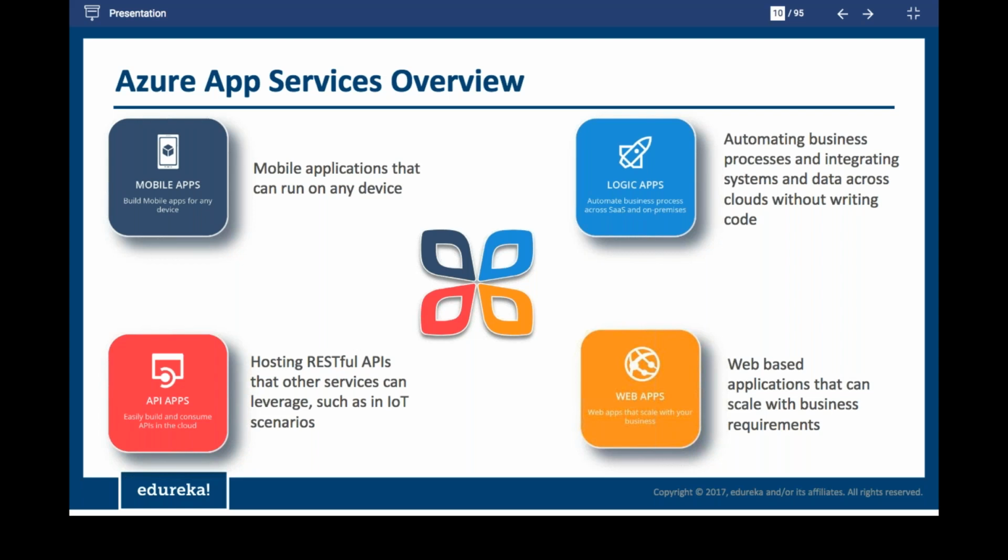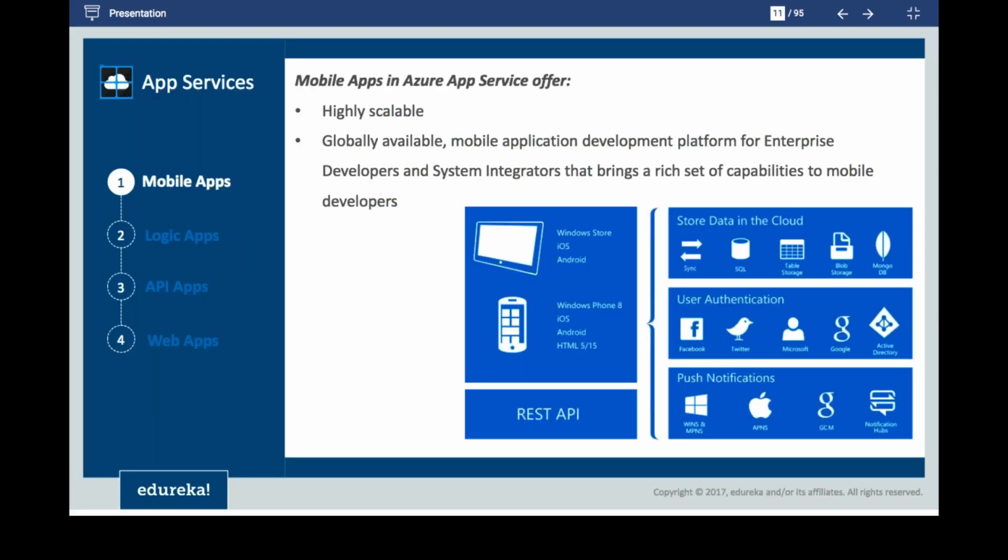Let's make sense of all these things in a much more detailed way. So I'll go ahead and speak about mobile apps. Mobile apps is simply about building a mobile backend application, where it can help you send push notifications. It can help you with user authentication, like let's say login with Facebook.